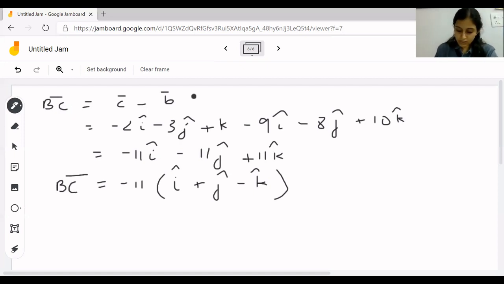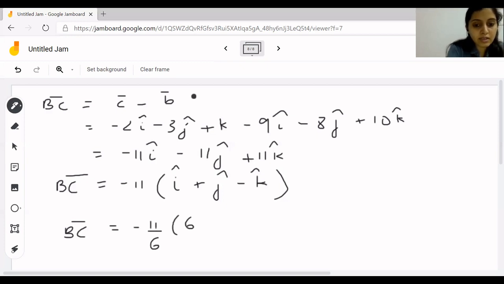Now, if you see AB bar and BC bar, then BC bar can be written as minus 11 upon 6 into 6i cap plus 6j cap minus 6k cap, which is minus 11 upon 6 AB bar.